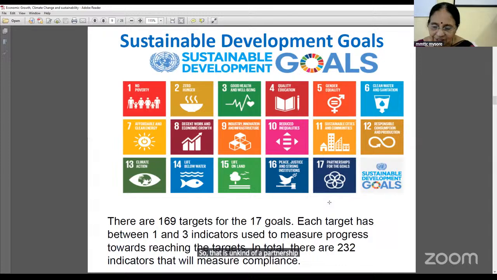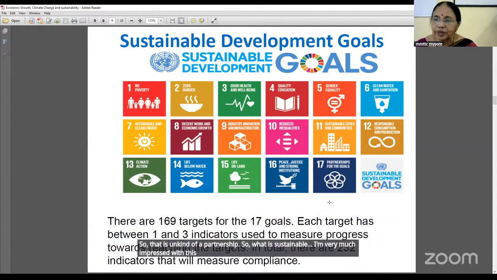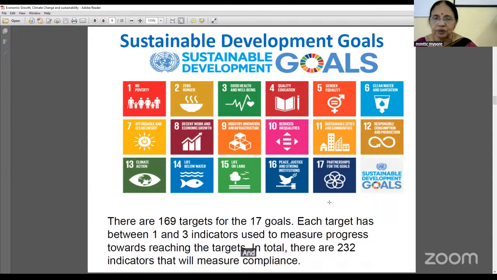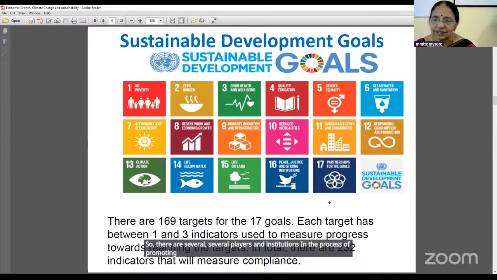So what is sustainable? I'm very much impressed with incorporating partnerships as the 17th goal, because what it says is that all are interconnected and it is not possible for one agency to address all the issues. There are several players and institutions in the process of promoting all these goals.